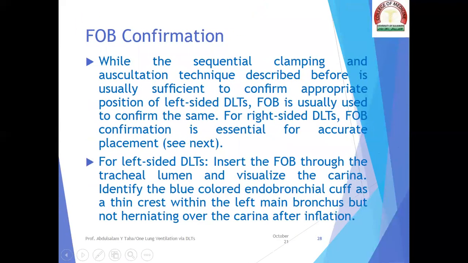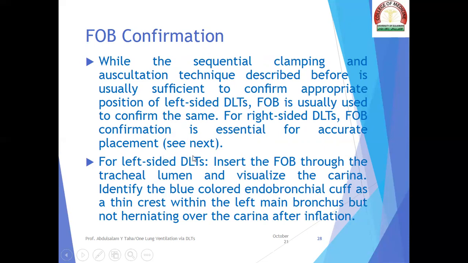Fiber optic bronchoscopy confirmation. While the sequential clamping and auscultation technique described before is usually sufficient to confirm appropriate position of left-sided double lumen tubes, fiber optic bronchoscopy is usually used to confirm the same. And for right-sided double lumen tubes, fiber optic bronchoscope confirmation is essential for accurate placement.